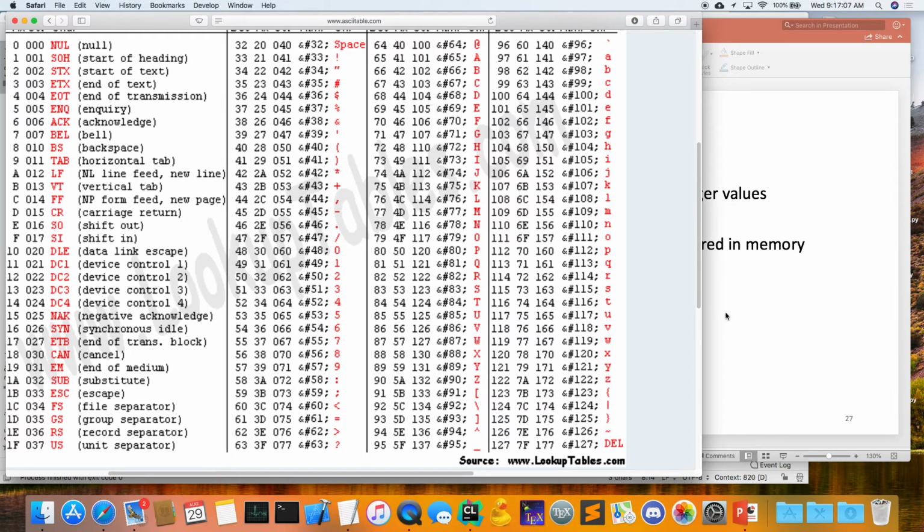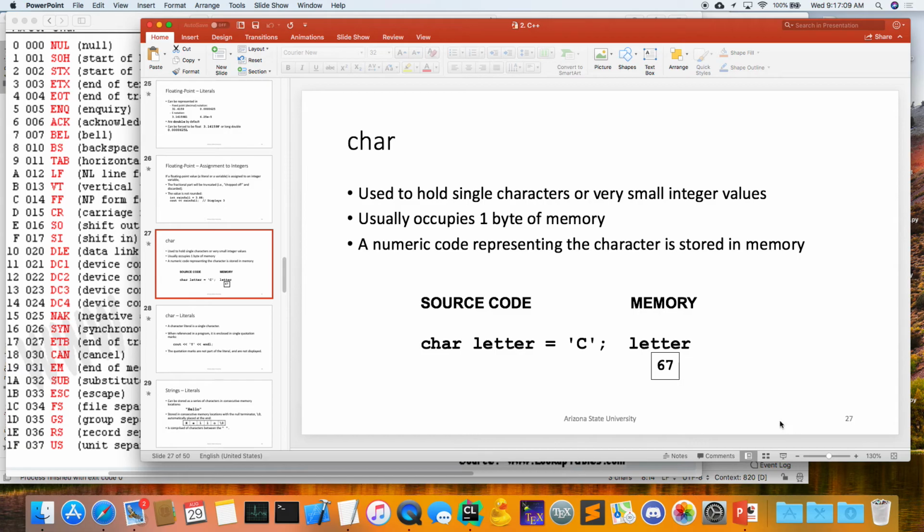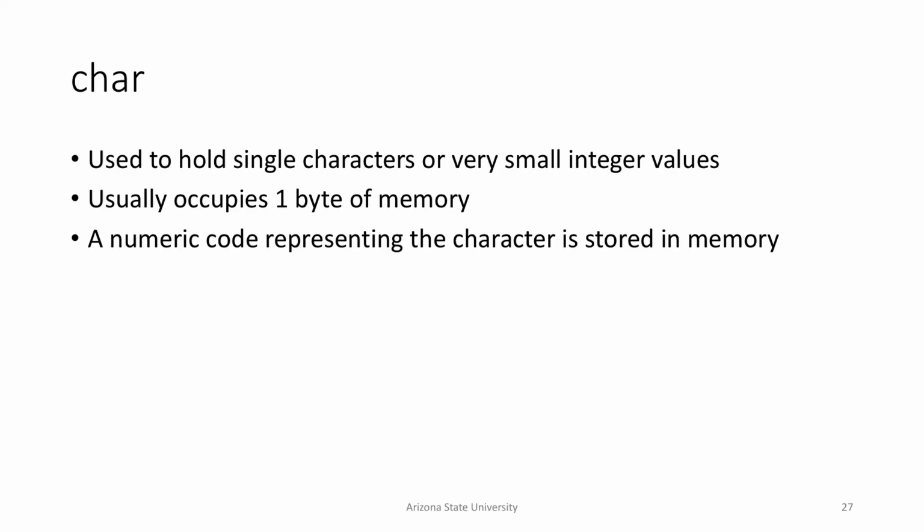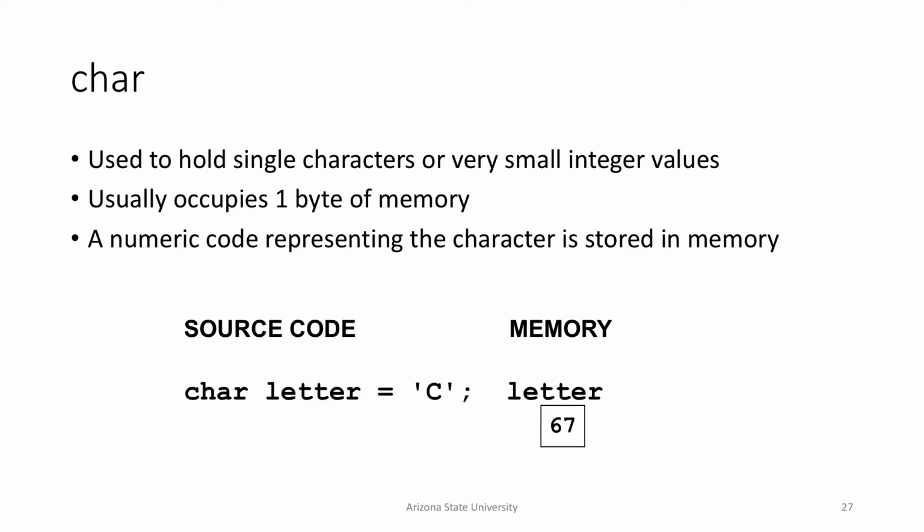You don't need to memorize this table. It's not important. But the key here is that a char is usually 1 byte, and it stores some number on the back end. Just like pretty much anything that we work with in this class, it stores some integer on the back end. But it's easier for us because we have a single character to work with instead of dealing with 67.